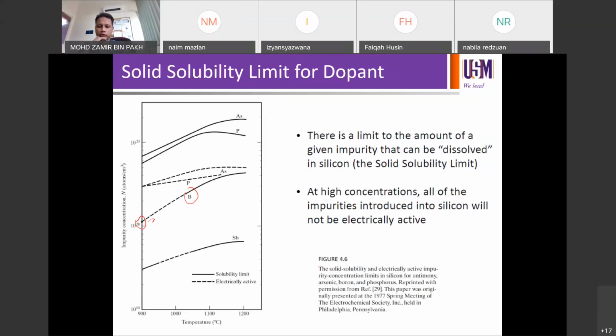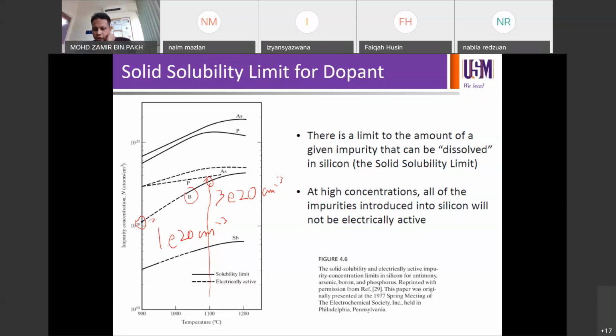On the other hand, if you run the process at 1100, you can push the solubility limit of boron to maybe around 3E20. So this one is maybe 1E20 per cm cube. So you can increase from 1 to 3, even though it's still in the region of E20 per cm cube.